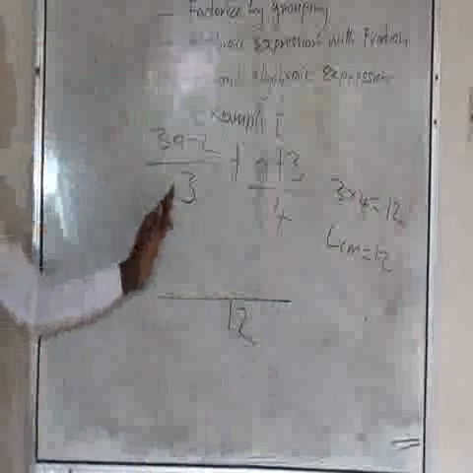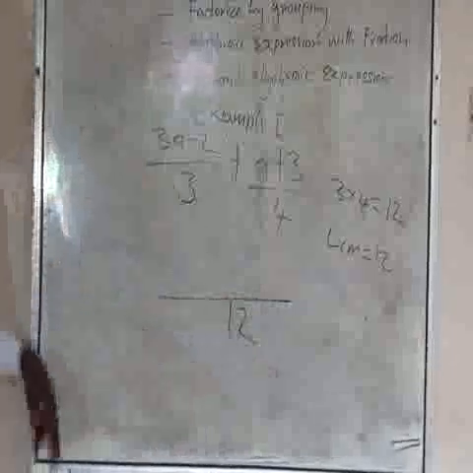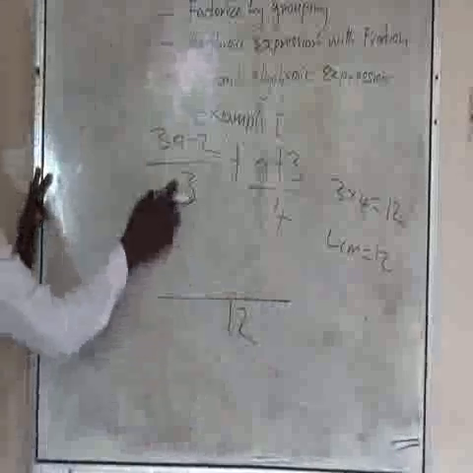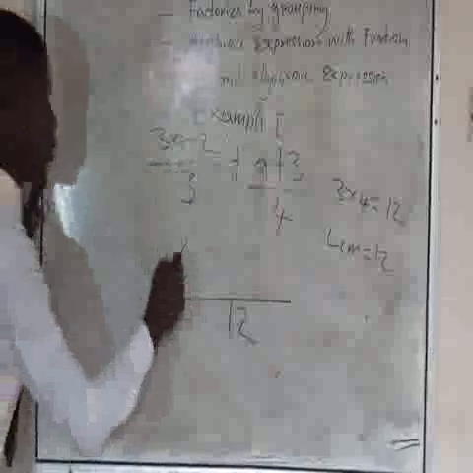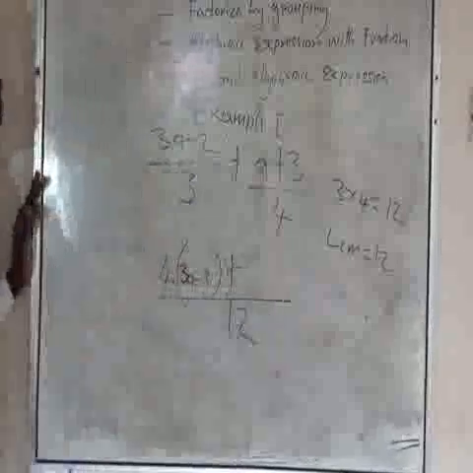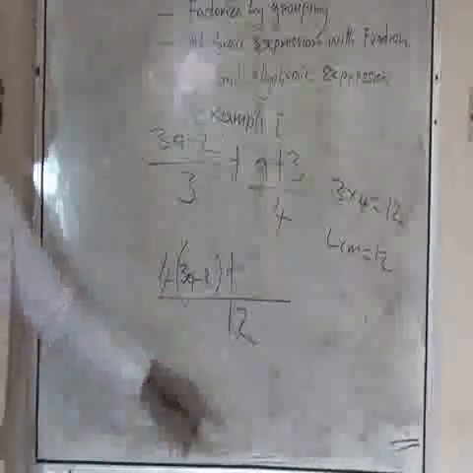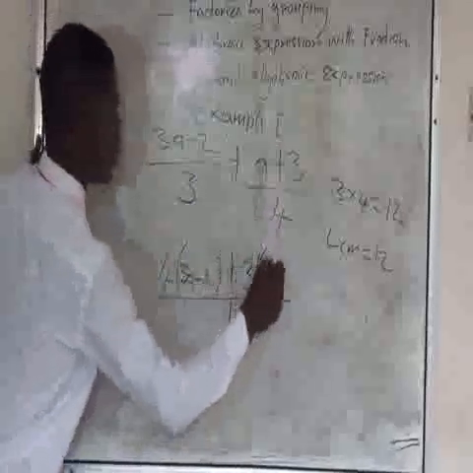We use the old denominator to divide the new denominator. So 12 divided by 3 gives me 4 times the numerator, plus 12 divided by 4 gives me 3 times the numerator.